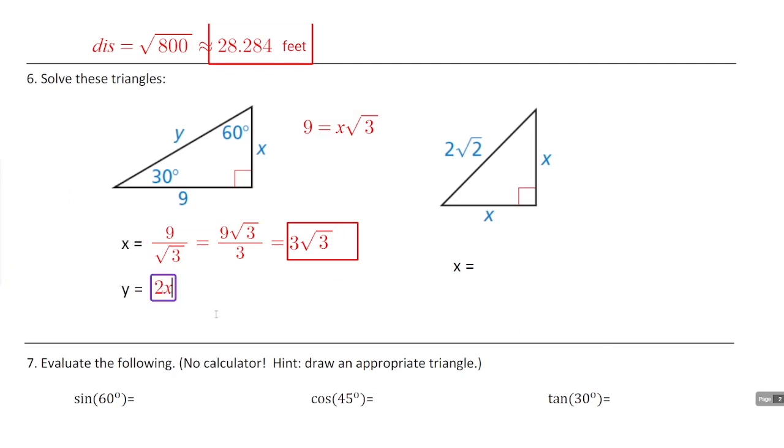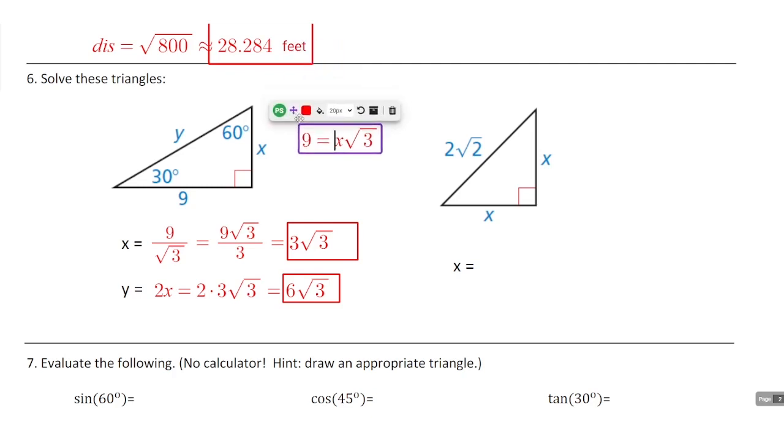It's twice the short side, and we already figured out what x is. That's going to be 3 root 3, so that's 2 times 3 root 3. 2 times 3 is 6, so this is going to be 6 root 3. Now it should be double whatever the short side is. All right, there's the first one.